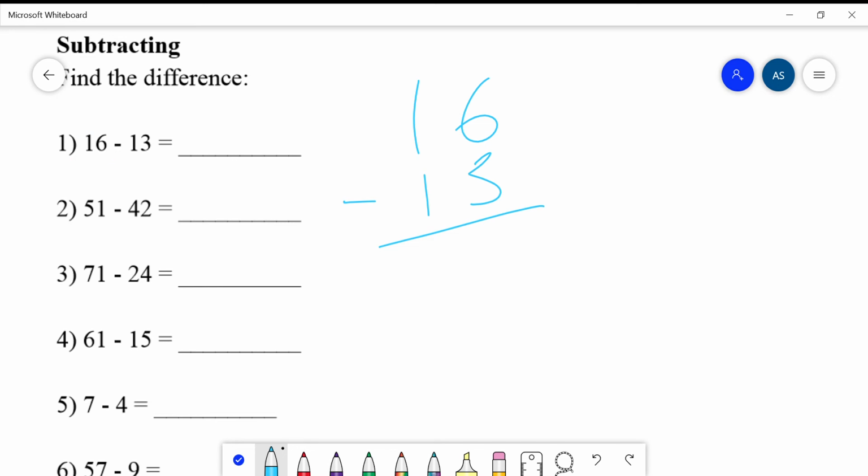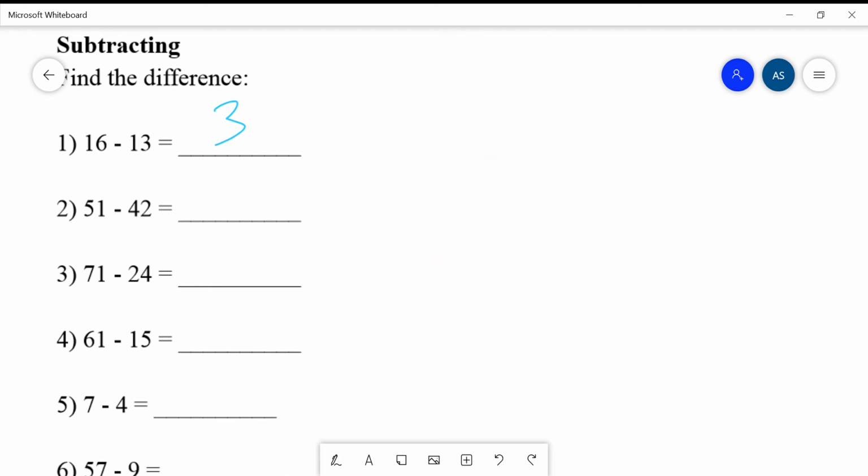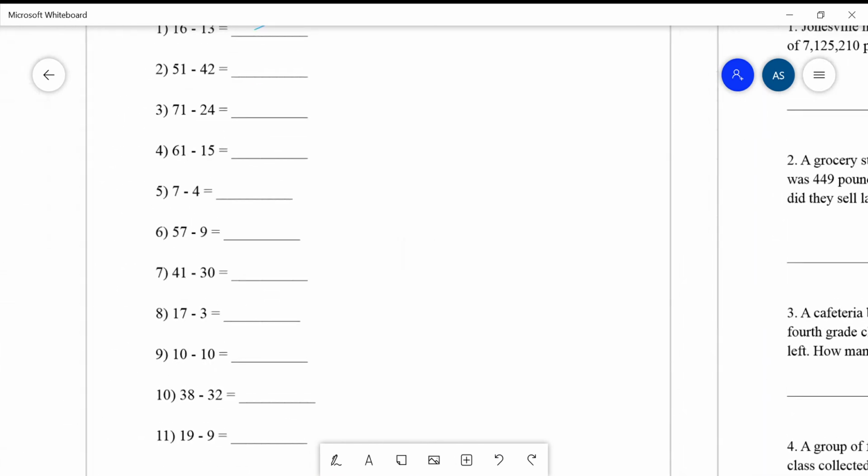And so 6 minus 3 is going to be 3, and positive 1, negative 1 cancel each other out, so this is 0, and so our answer for this one is 3. Alright, you guys are going to solve all the way to question number 11. And let's move on to our next page.